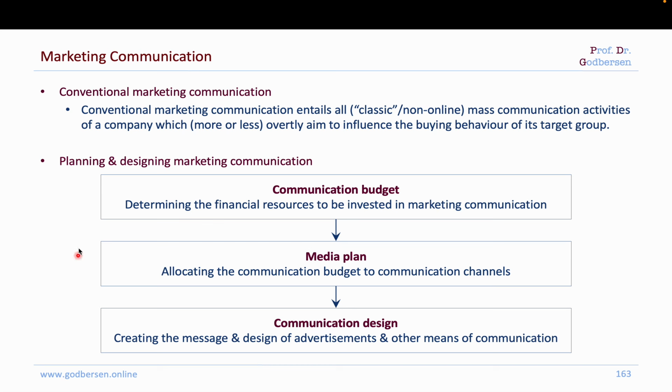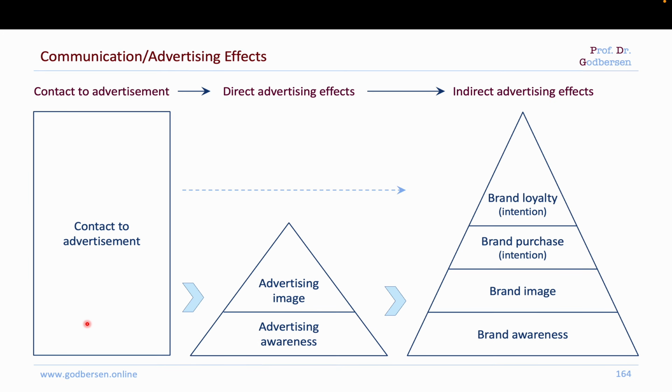Before I have a deeper look at each of these phases or steps, I would like to introduce you to the main principle of advertising effects. We want to make contact to a target group with the advertisement. That should lead to direct advertising effects and to indirect advertising effects.